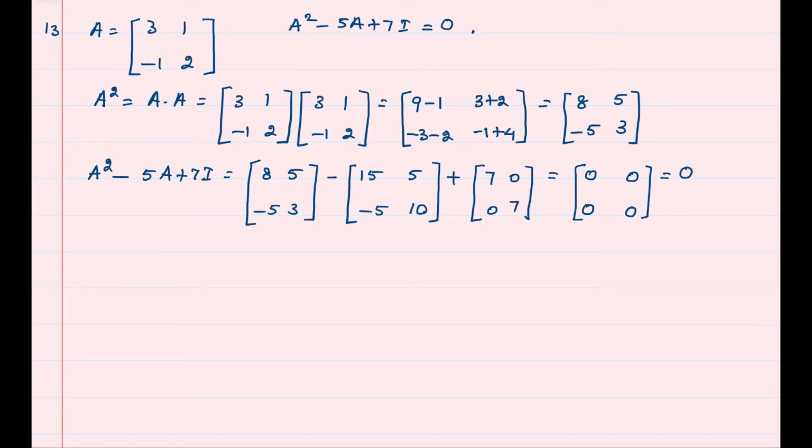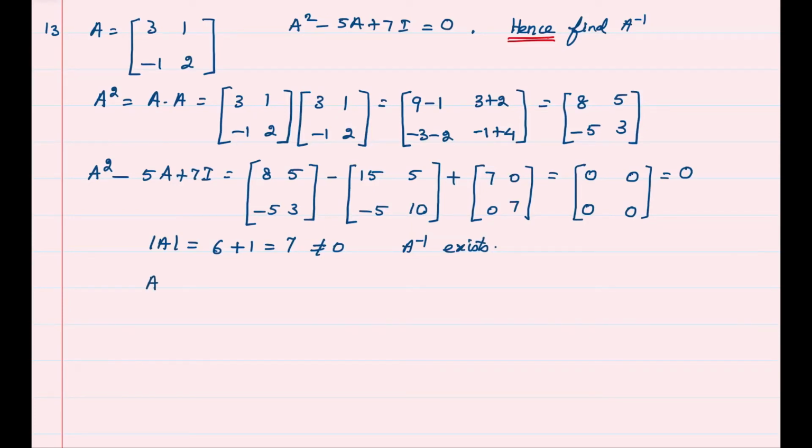Now second part of the question is, hence find A inverse. Hence find A inverse means using the previous result we have to find A inverse, not by adjoint method. Now determinant of A is 6 minus of minus 1, plus 1, 7, which is not 0. A inverse exists.